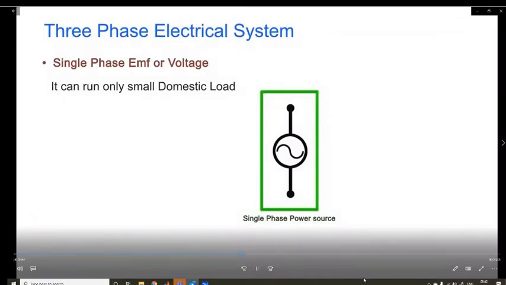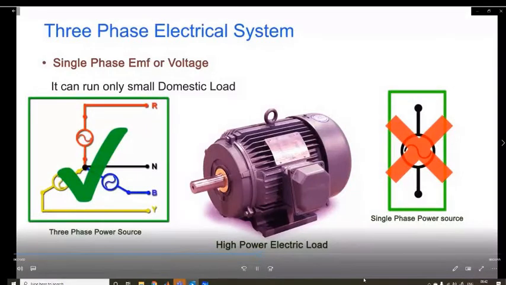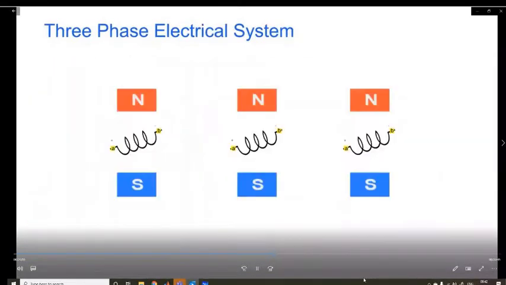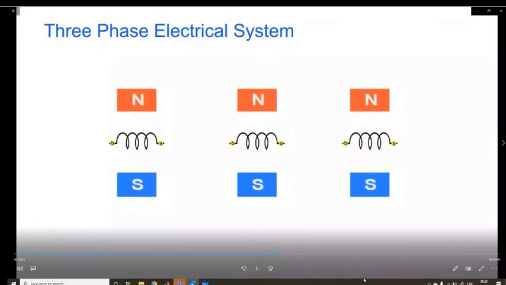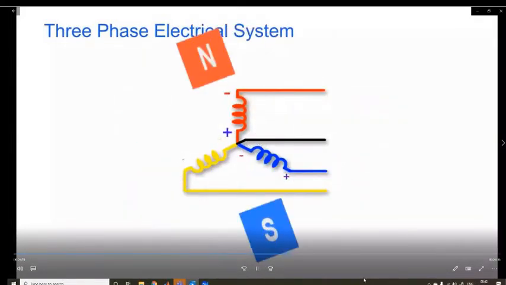In case we want to run heavy loads, like motor loads above 5 HP, we will probably need three-phase power due to the considerable current draw of a single phase motor on startup. To meet this high current demand, more sets of coils are required and more than 2 wires are needed. The answer to this requirement is three-phase EMF.